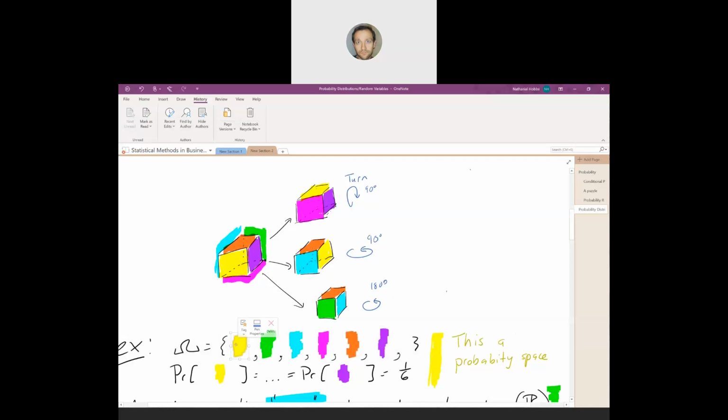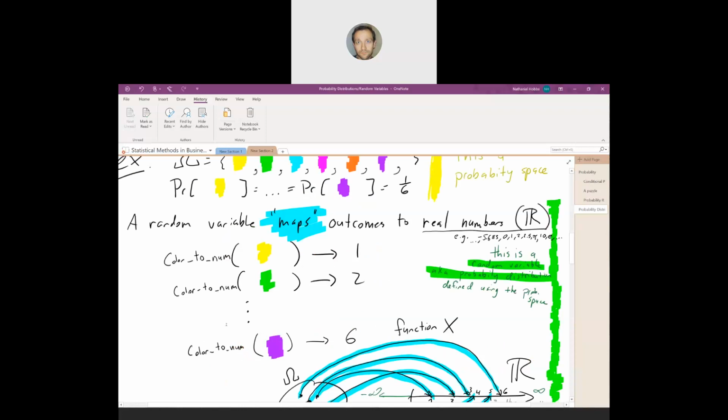So yellow is one event that could happen. When the event yellow happens, I'm defining that as yellow being on top of the cube. If green, if this event happens, I'm defining that as green being on the top of the cube. And so I can define events in this way, using colors, no numbers.